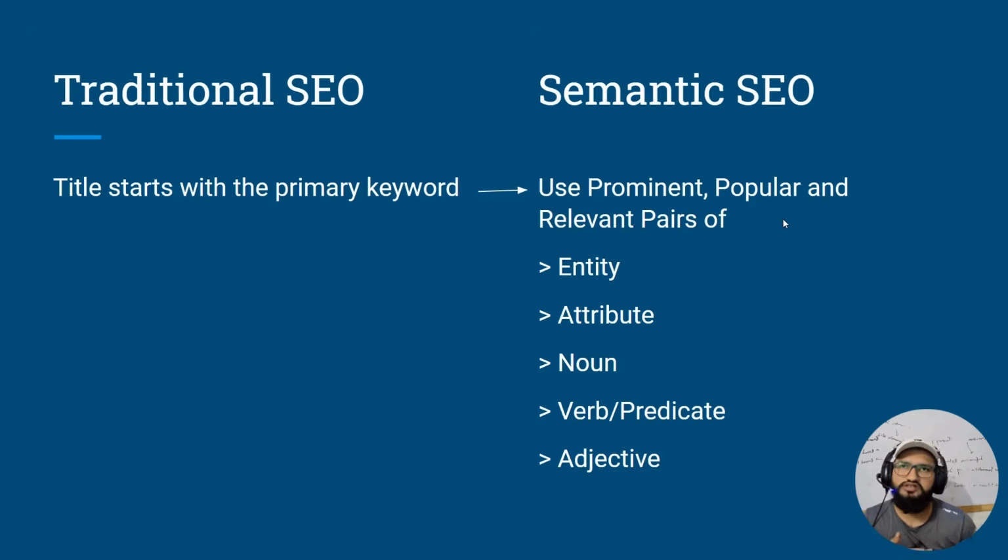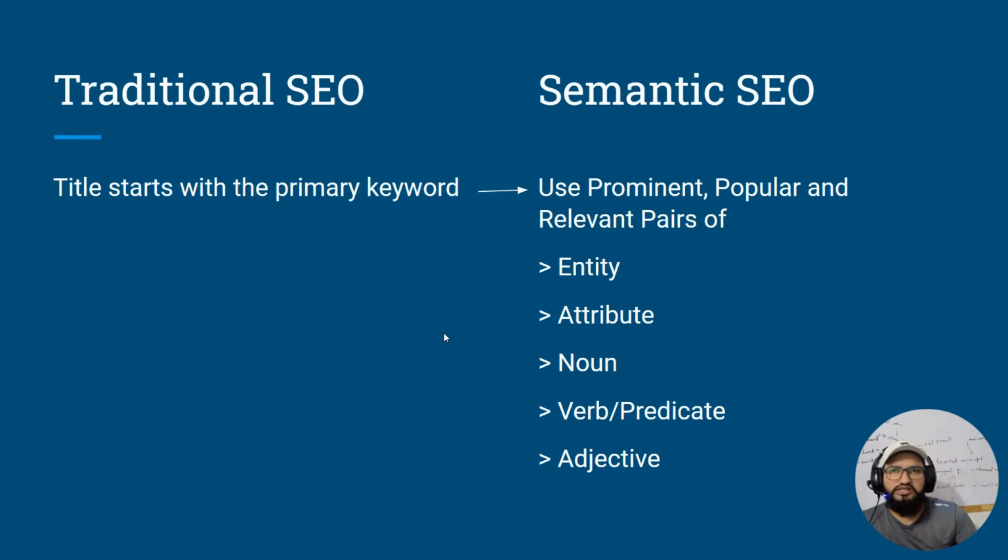For example, I've just searched best protein powder. Protein powder is basically the entity, and the attribute is best. Protein powder could be a noun as well. A noun could be anything; an entity and an attribute could both also become a noun. For example, food labeling, right? Or food shipping.